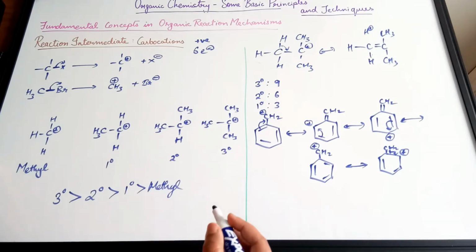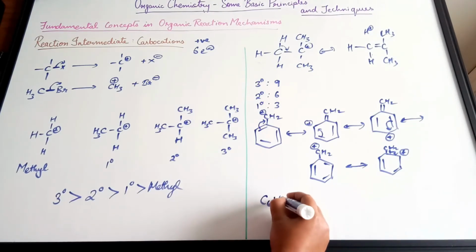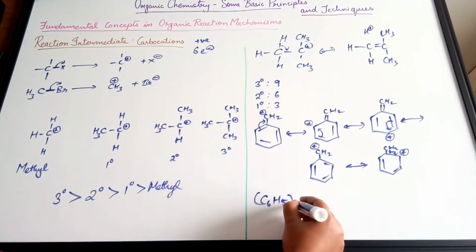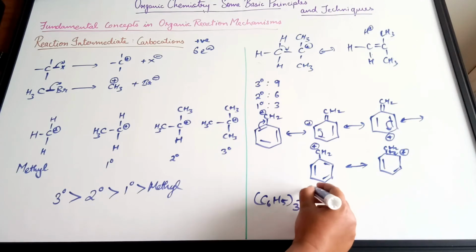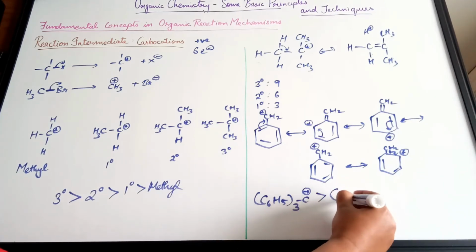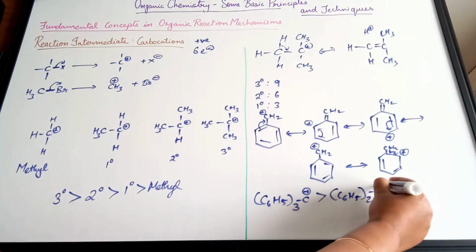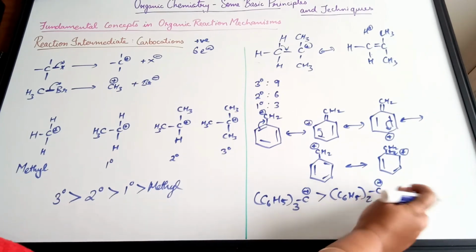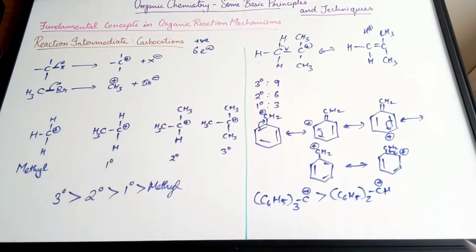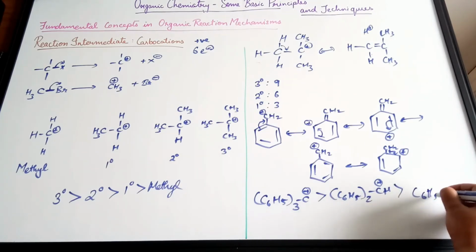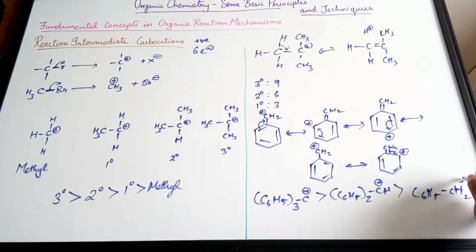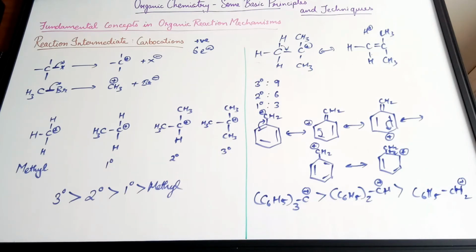So (C6H5)3C carbocation is more stable than (C6H5)2CH, which is a secondary carbocation, which is more stable than C6H5CH2. So the more phenyl groups attached to the carbon, the more the stability, because there will be more resonance structures, and that contributes to the stability.